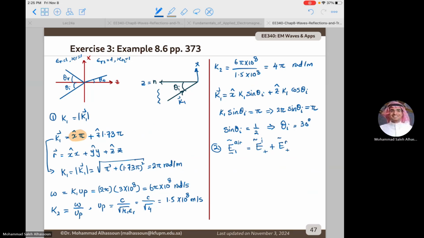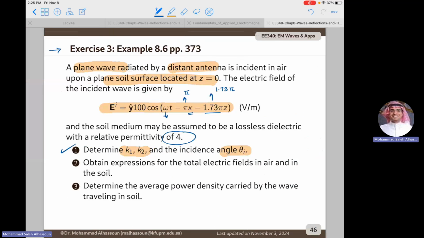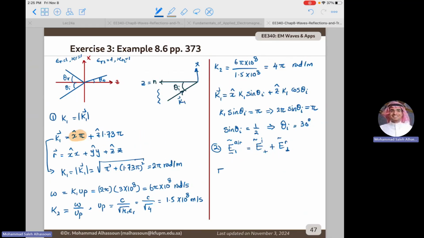So what is the incident electric field? It's given to us in the problem. Let me write it in phasor form: y hat 100 e to the power minus j pi x plus 1.73 pi z.